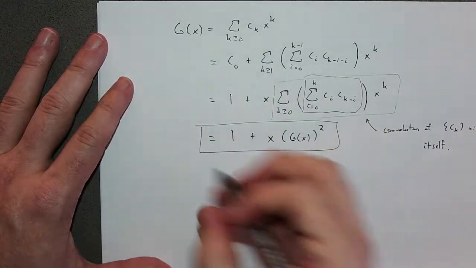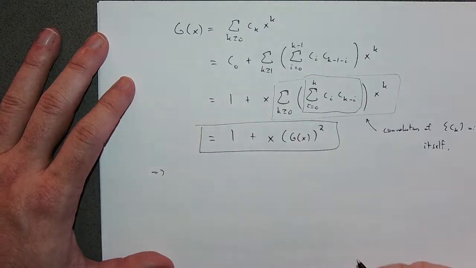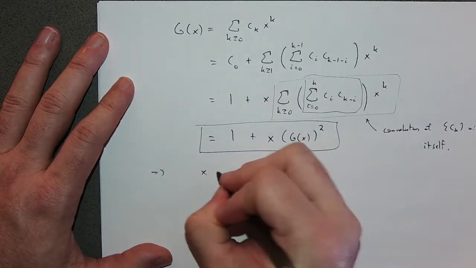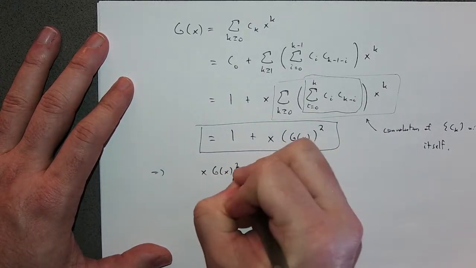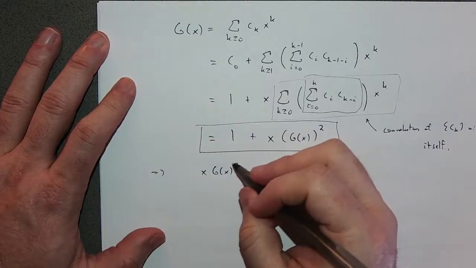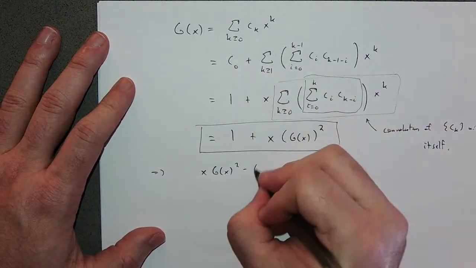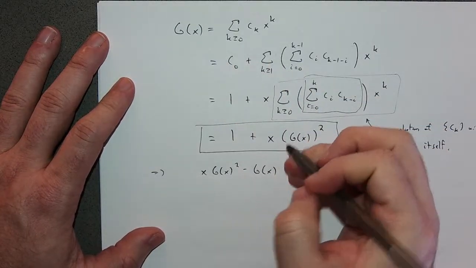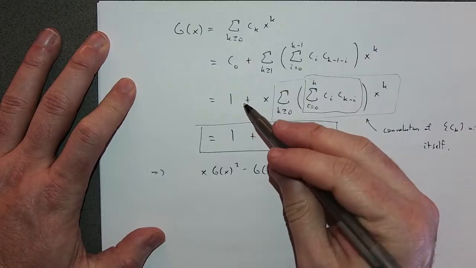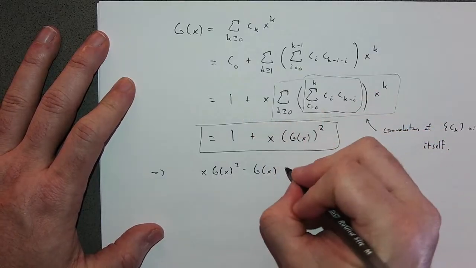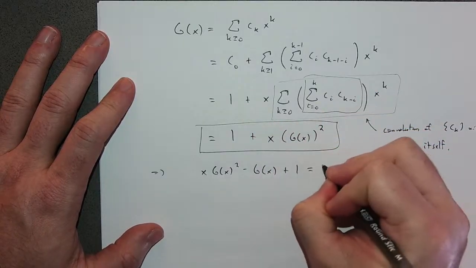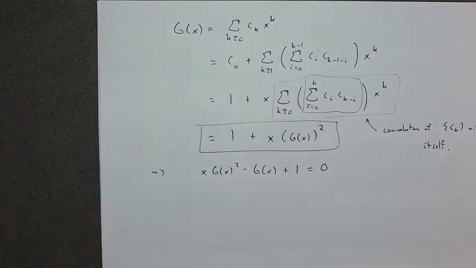So moving this to the other side, I get x g of x squared minus g of x plus 1 is equal to 0. So I guess just move g of x to the other side. That's fine.